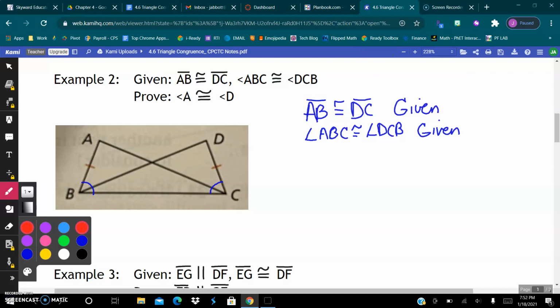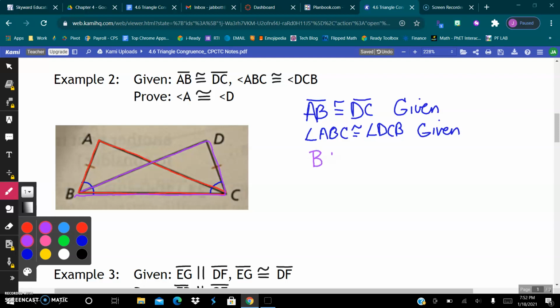So if we look, we have this side and then this large angle. So we're talking about this triangle right here in red and the other triangle here that we're looking at in purple. So what I noticed when I outlined those triangles is that they share a common side, which is BC.